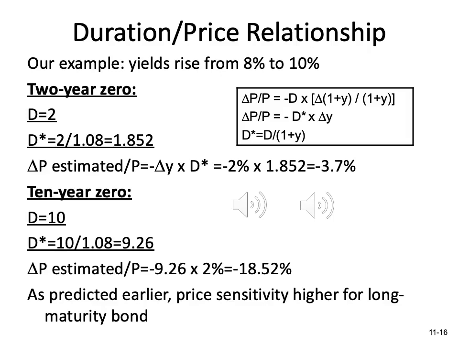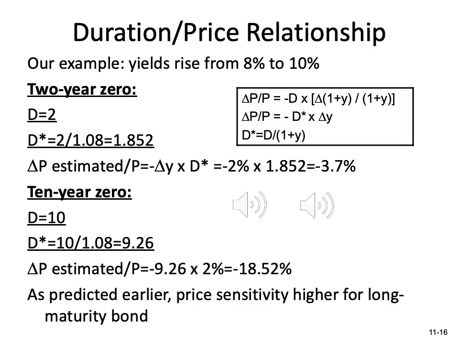Similarly, for the 10-year zero, duration is 10 years. Modified duration will be 10 divided by 1 plus 8%, 9.26 years. Estimated percentage change in the price, plugging all the numbers, is negative 18.55%.